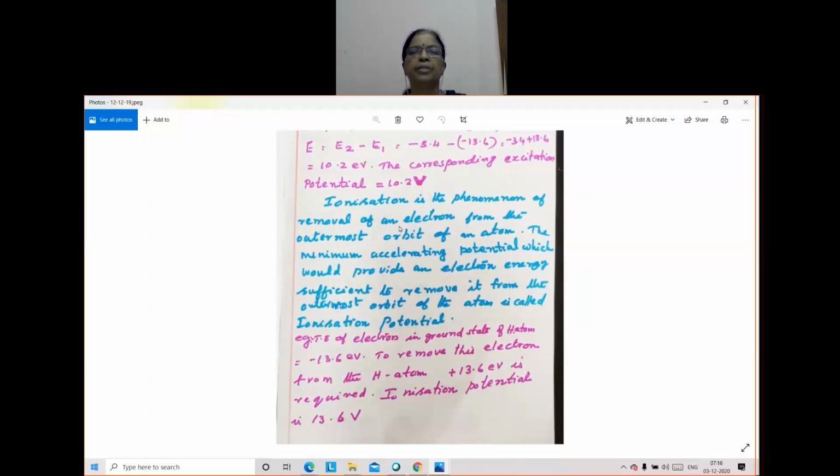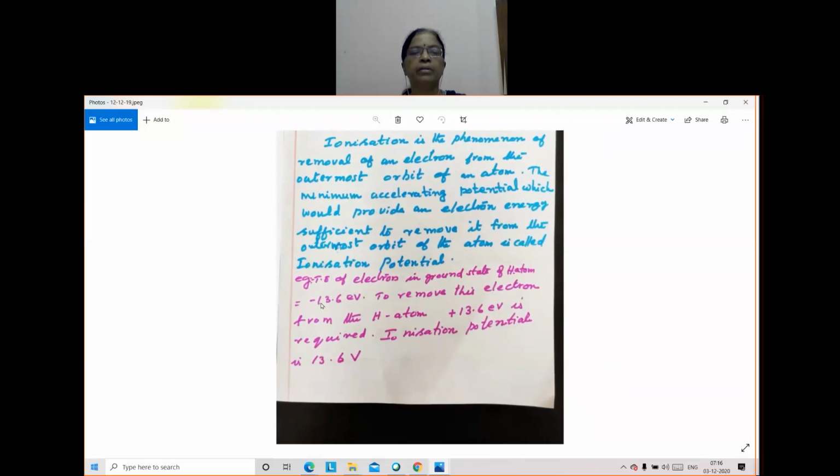Ionization is the phenomenon of removal of an electron from the outermost orbit of the atom. In the case of hydrogen, we know hydrogen has only one electron, and its energy is minus 13.6 eV. To remove this electron from the hydrogen atom, how much energy is needed?